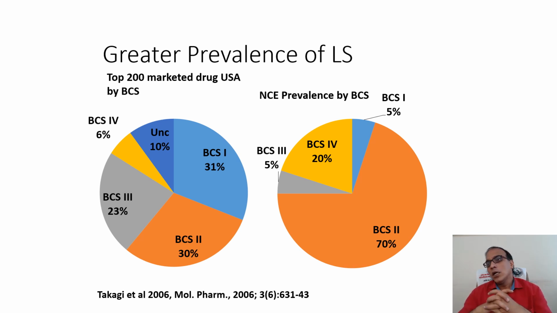So it is to be kept in mind that we have to make our efforts in improving the solubility part. That's why solubility improvement is needed, which we also discussed in the solubility part, that we must know about the various strategies for solubility improvement.